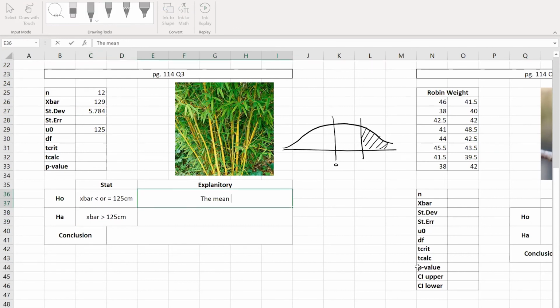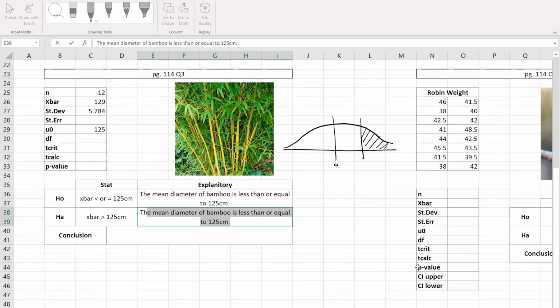So the mean diameter of bamboo is less than or equal to 125 centimeters. The alternative is that the mean diameter of bamboo is greater than 125 centimeters.